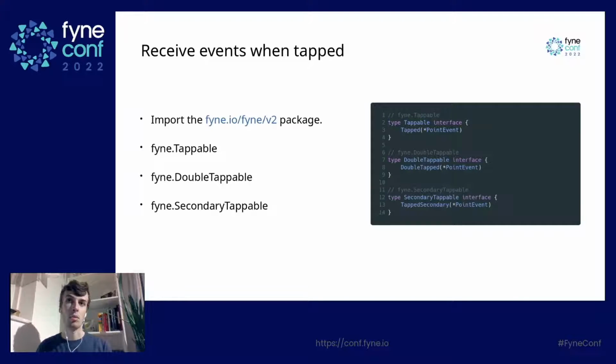And this Tapped method will automatically be called when the widget is tapped. And then fyne.DoubleTappable, we've shown that before, but that just has a DoubleTapped method, which will get called when the widget has been tapped twice in succession.